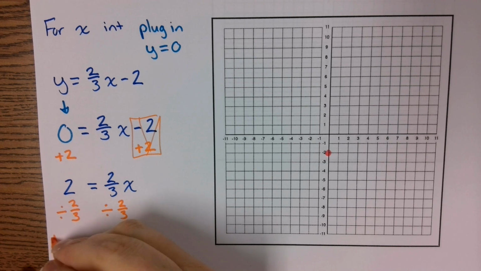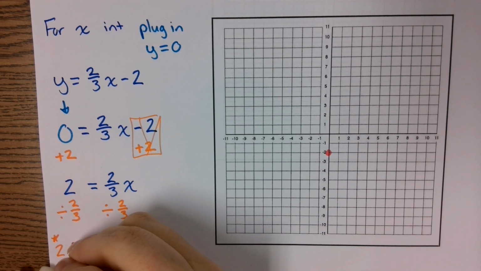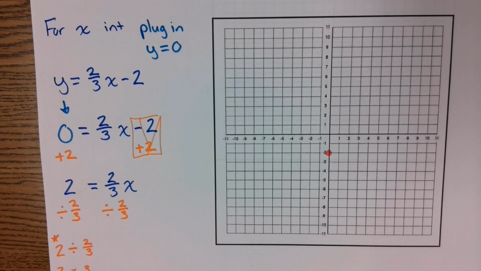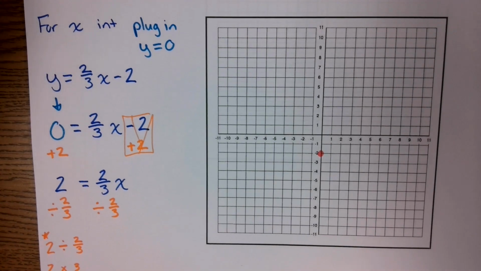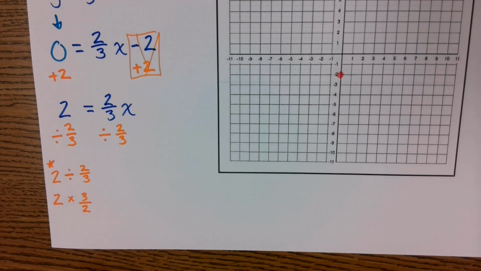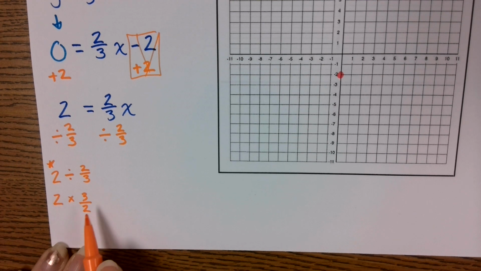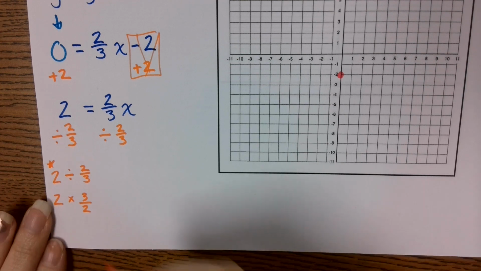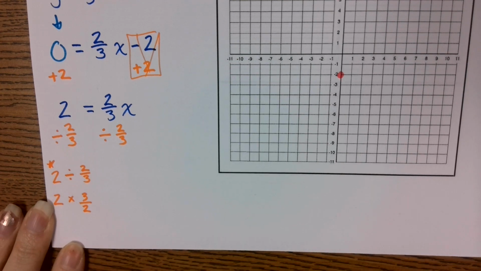So this is a little subnote, if you did 2 divided by 2/3, this is the same thing as 2 times the reciprocal, 3 over 2. That's all. Reciprocal is just when you flip your fraction upside down. Okay? So if you had 2 times 3 over 2, that would come out to 3. So here we would get that x is equal to 3.